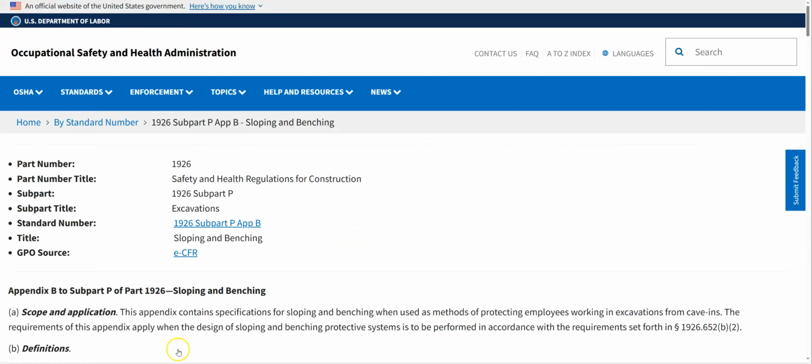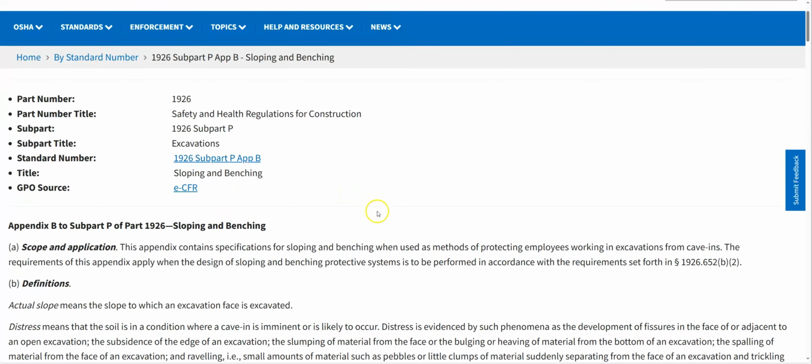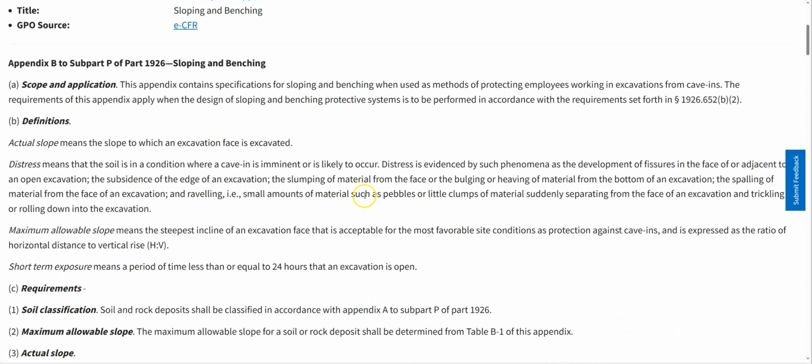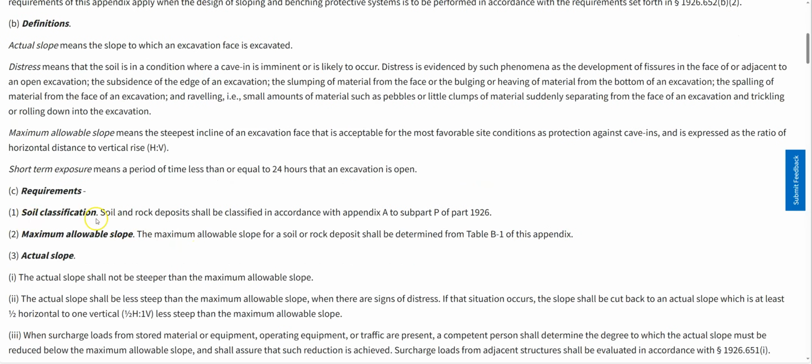So let's take a look at OSHA.gov. And this is part 1926 on excavations here for sloping and benching. So as you go through and you read this, you'll notice that OSHA defines maximum allowable slopes based off of soil classifications. And we'll talk about some of these today. And primarily I'm concerned with longer term exposure for these slopes.